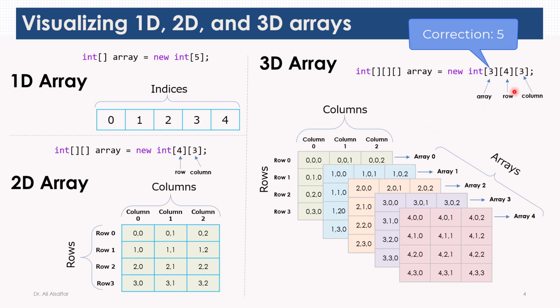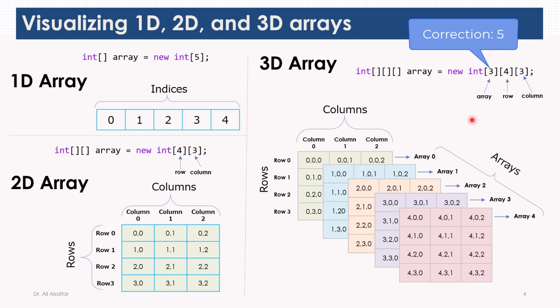Each table is in fact an array. So this is array 0, array 1, array 2, array 3, and array 4. For each array of the first dimension, we have a table. The number of rows of this table is specified by the second dimension, and the number of columns of this table is specified by the third dimension. So we can look at the 3-dimensional array as a collection of tables, and the first dimension specifies which table.